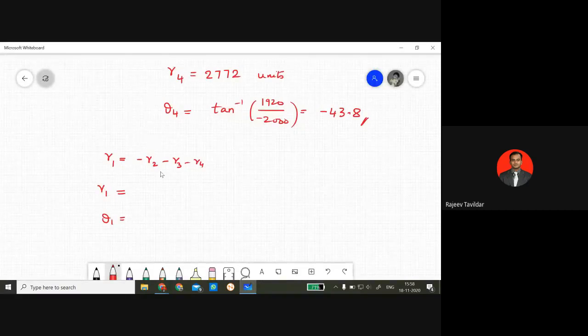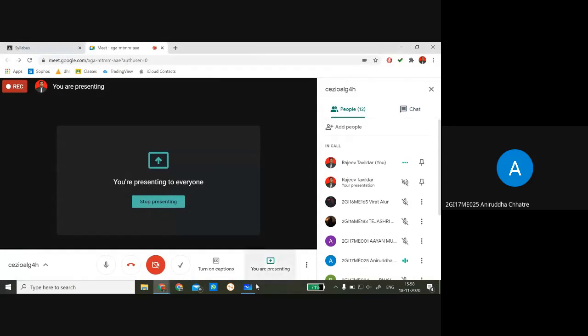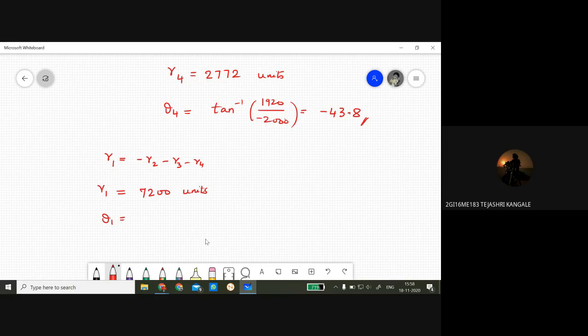Yes, what is the answer for R1? So 7200.4. 7200. I hope all of you are getting a similar answer here. I've not solved this one by myself, so I don't know what is the correct answer. Yes, sir, even I'm getting the same.